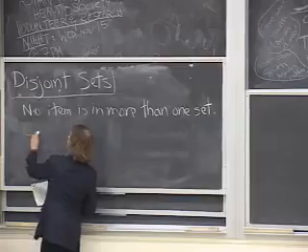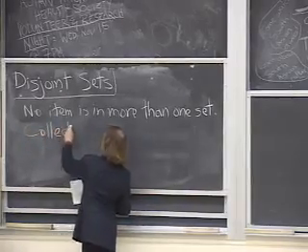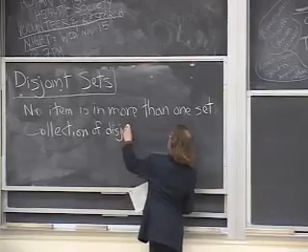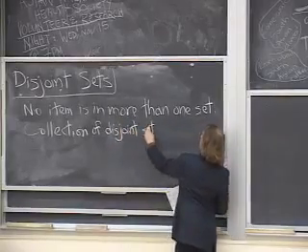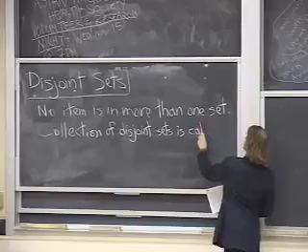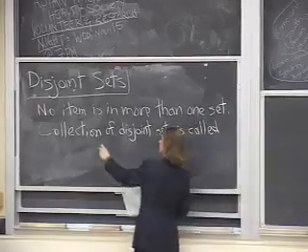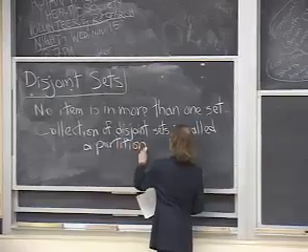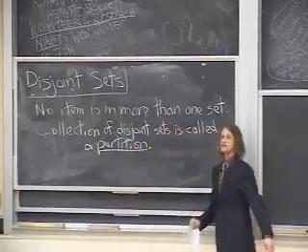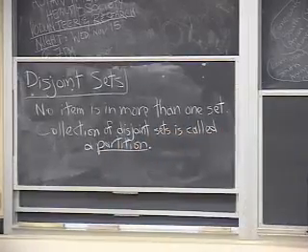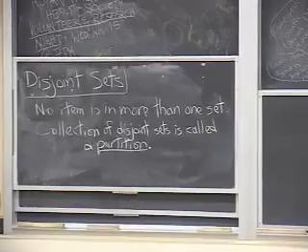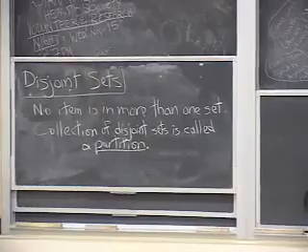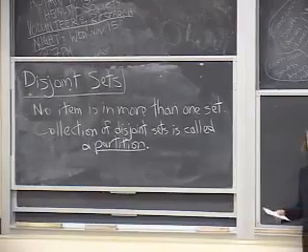Now, the collection of disjoint sets together is called a partition. Partition is a mathematical term. A few of you might have heard of it. It's basically any way of taking a set of items and partitioning them into several sets of items so that each item appears in exactly one set.